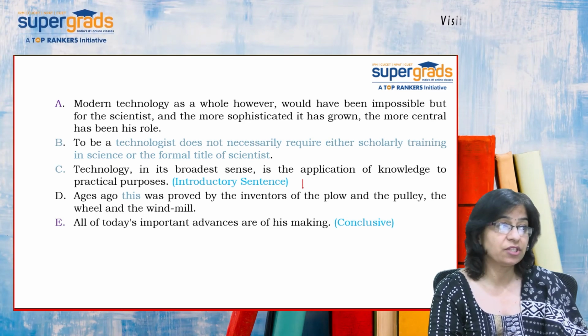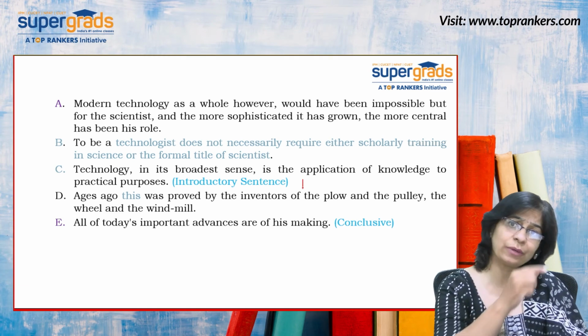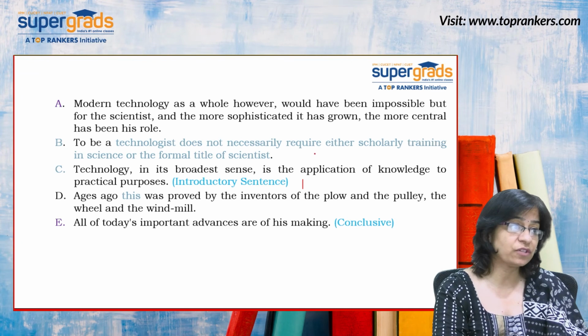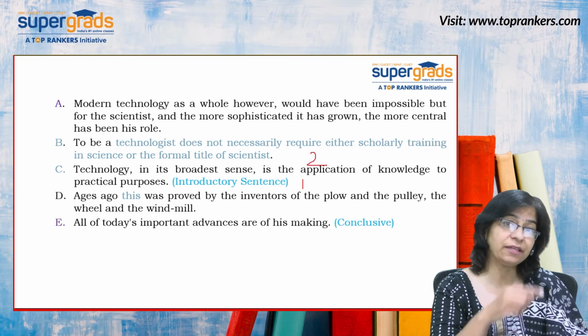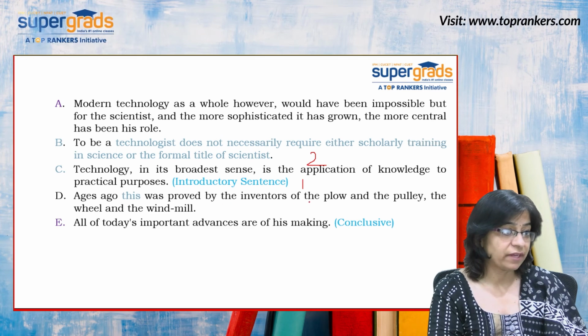To be a technologist does not necessarily require either scholarly training in science or formal title of a scientist. This is only taking the thought further. So first you're talking about technology, and then you're talking about technologists. Ages ago, this was proved by inventors of the plow and the pulley and wheel and the windmill.